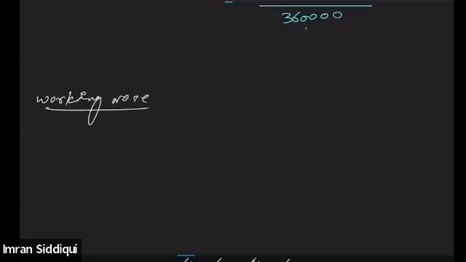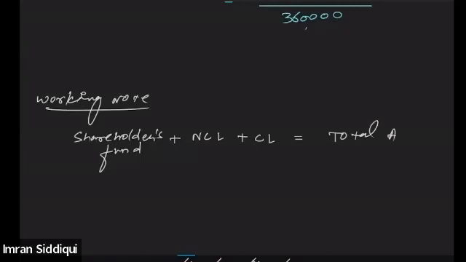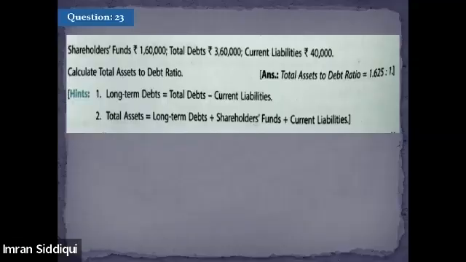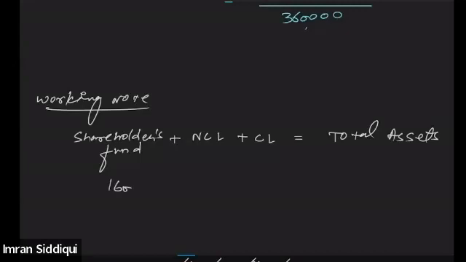If you are able to recall, we discussed this in the previous session as well. I've told you that shareholders fund plus the non-current liabilities plus current liability is equal to total asset. Right? So shareholder fund is already given in the question, 1,60,000.